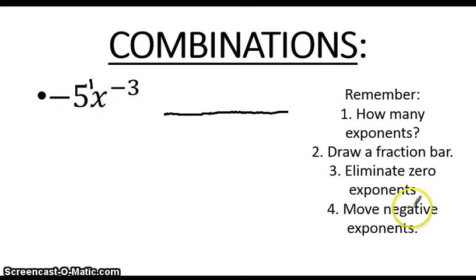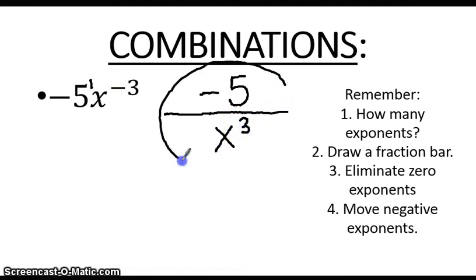And we will only move our negative exponents. Negative 5 to the first power has a positive exponent, so it will stay on the top in the numerator. X to the negative third is in the numerator now with a negative exponent, so we will move it to the denominator and give it a positive exponent. This is the simplified version of negative 5x to the negative third.